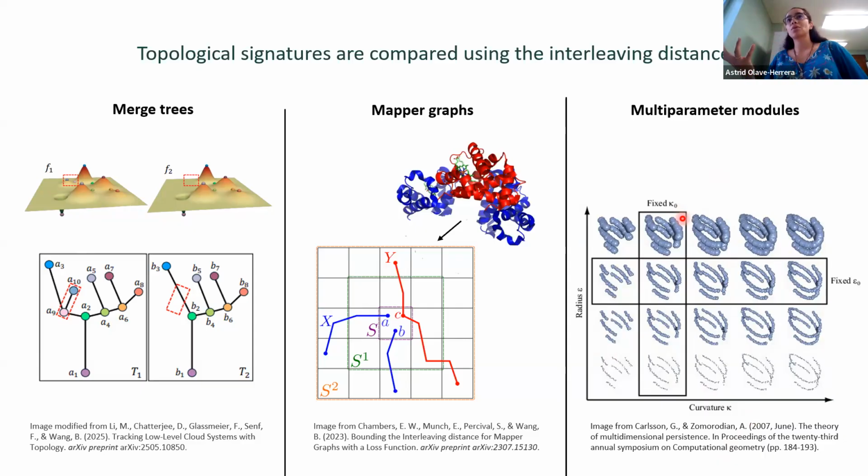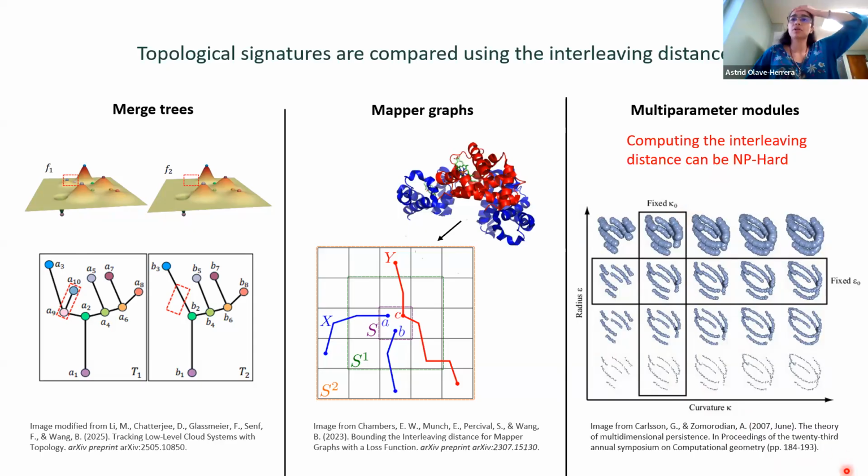The thing is, when we try to compute interleaving distance with these structures, it's hard. Actually, NP hard. I think this was proved by Håvard, Magnus, and Michael. Let's say first names, even though I don't know them personally. Oh, maybe Håvard, I know them. But anyhow, we have a problem.